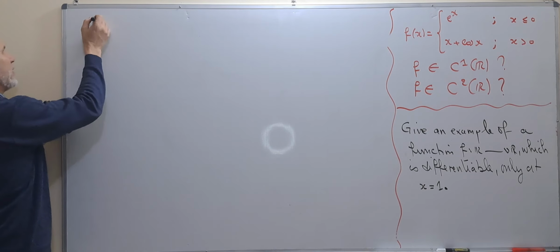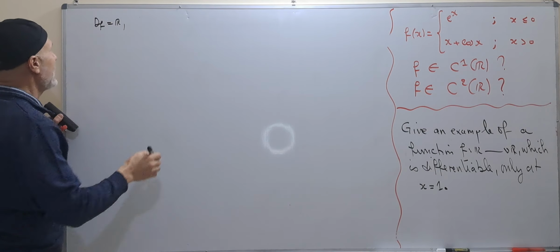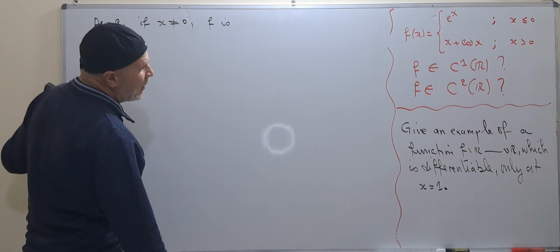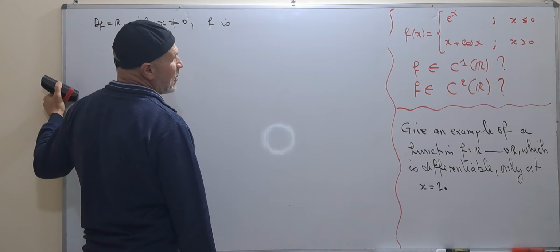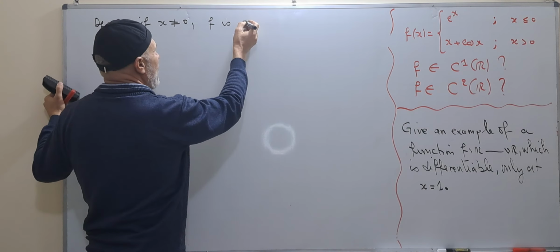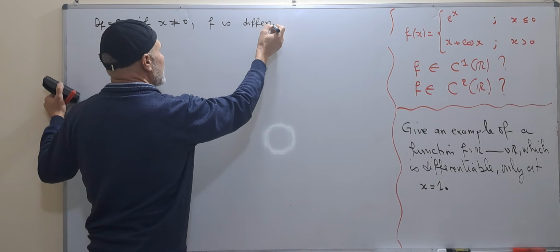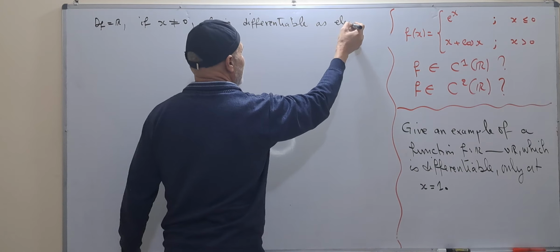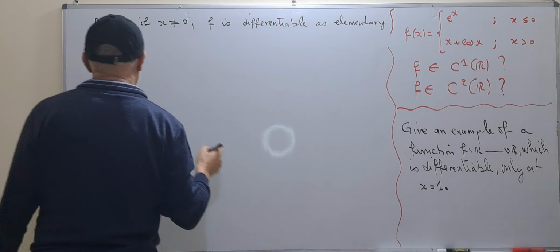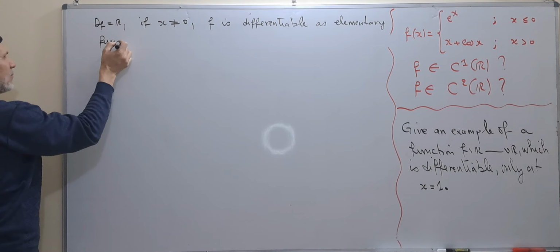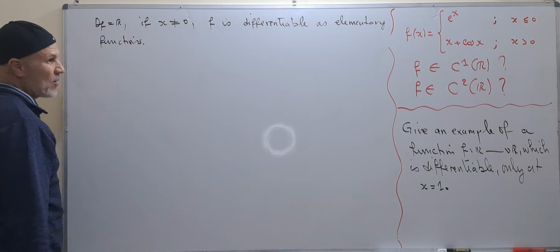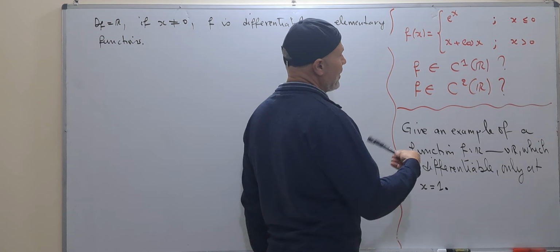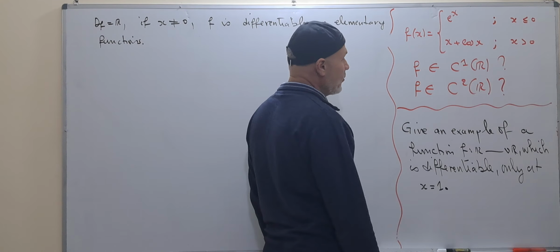So the domain of definition of f is equal to R. If x is different from 0, f is composed of elementary functions, differentiable, because if x is less than or equal to 0, f of x is equal to exponential x, which is C infinity, differentiable once and twice and more.